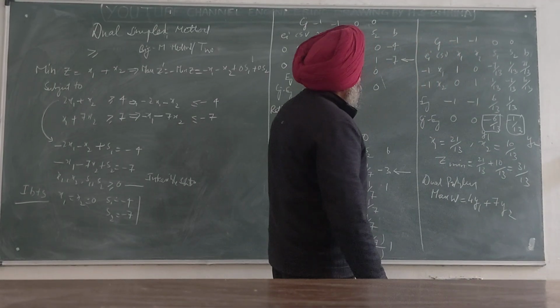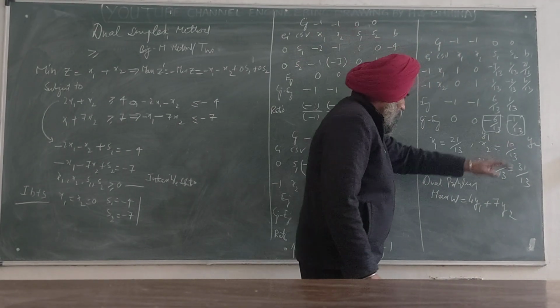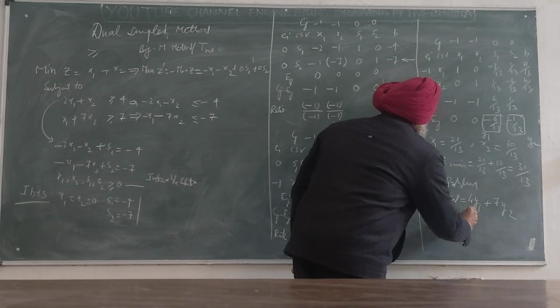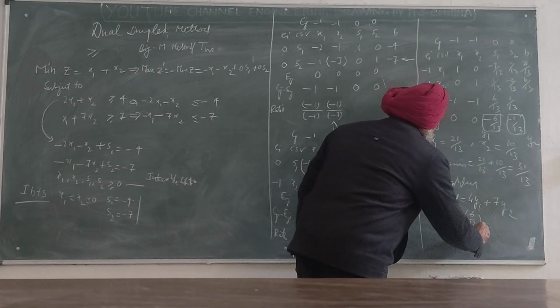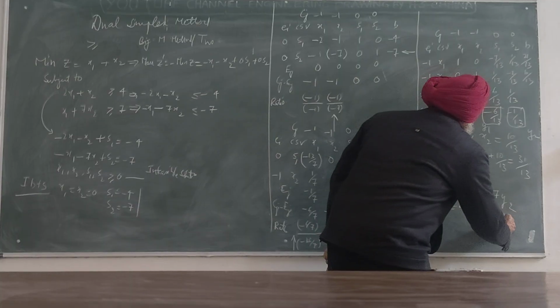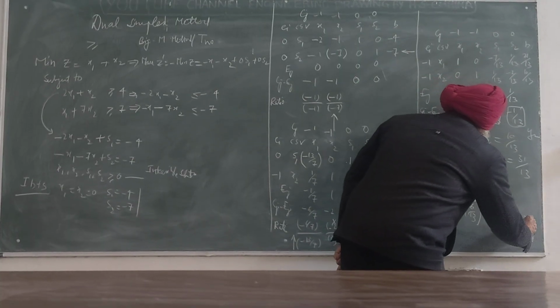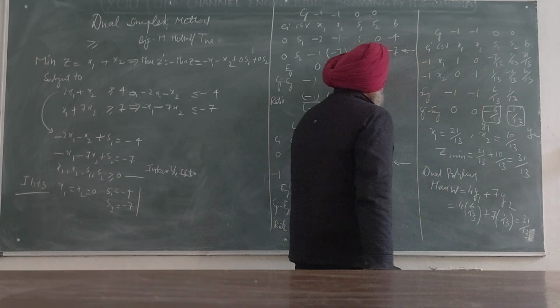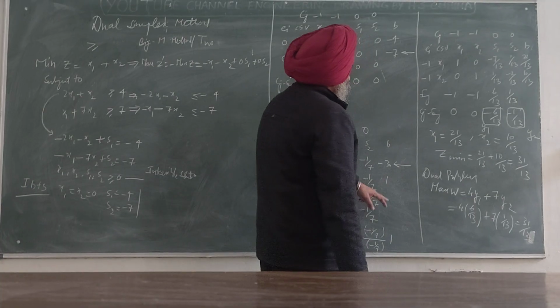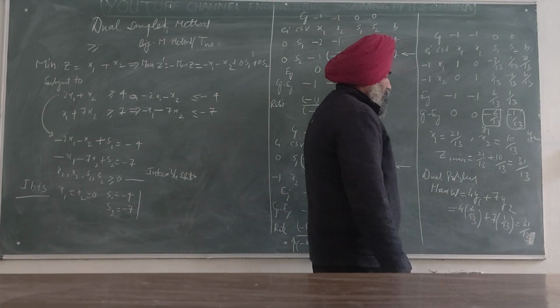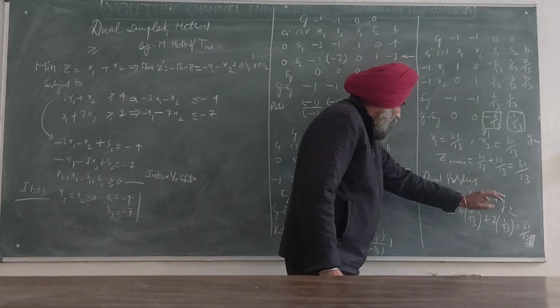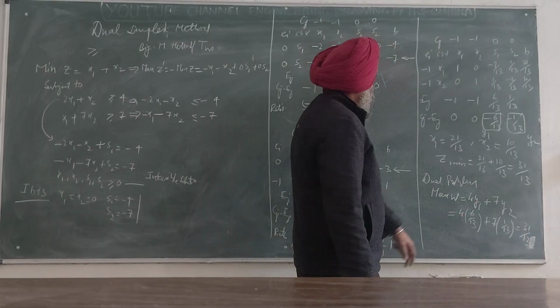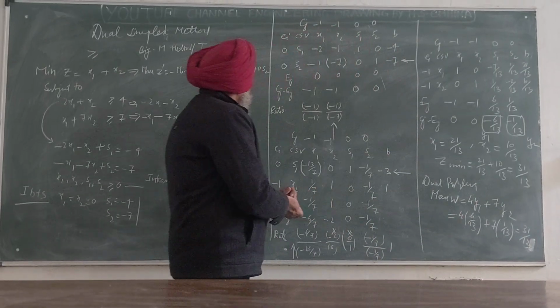S1, S2 represents your y1, y2 values. 4 into 6 by 13 plus 7 into 1 by 13. Basically, this is 31 by 13. Again, the duality theorem has been proved. The primal result gives us 31 by 13, and the dual problem has also given the result of 31 by 13.